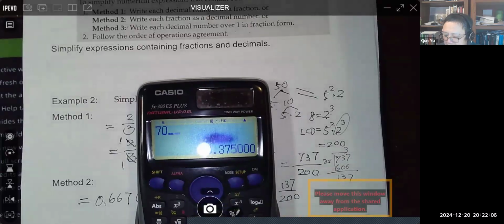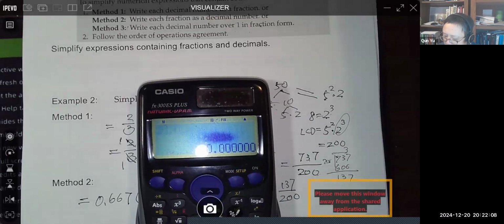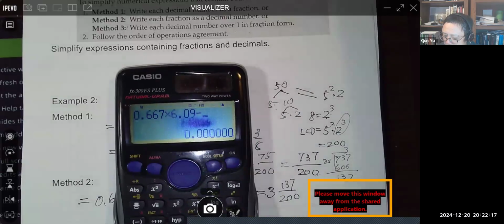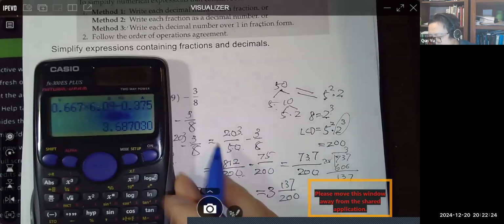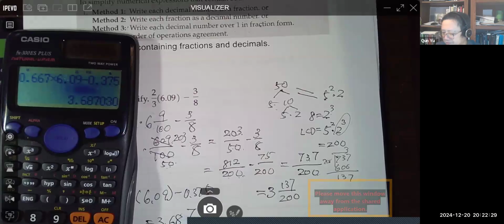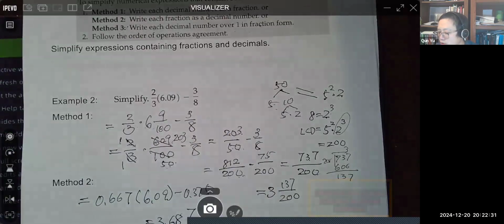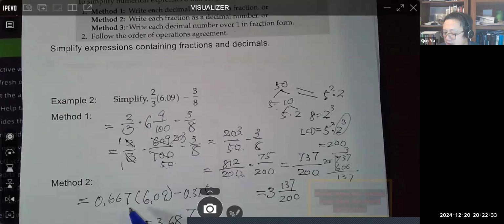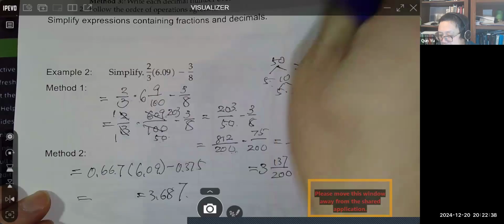So 0.667 multiply 6.09 minus 0.375. So everything is good. So we get 3.687. And these two are supposed to be the same, but I rounded a little bit because I only took 3 decimal digits, but they should be very, very close.